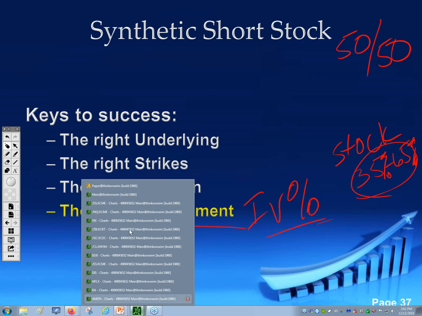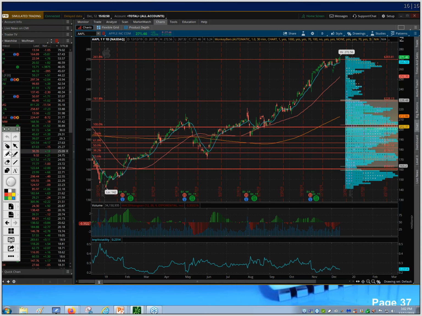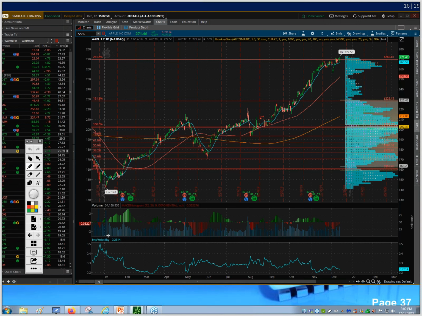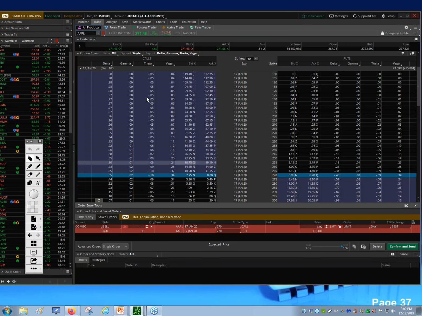So for this one, we want something that's kind of middle of the road. And if you're wondering what implied volatility percent is, if we look down here at XYZ stock, or Apple for this instance, you can see I've got a chart here. Some people don't even have the chart for implied volatility percent, so I have it built out here. If you're on Thinkorswim, you can go over here and check it.